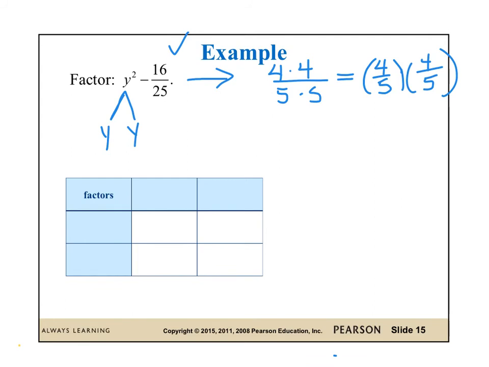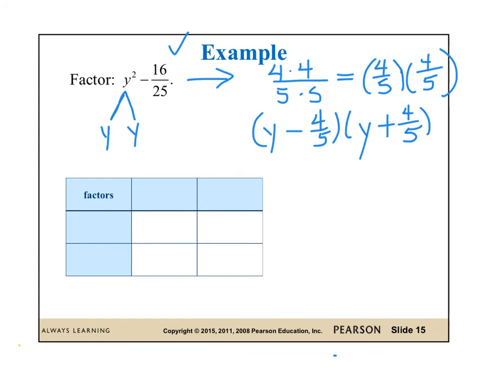And so using the shortcut method, y is the first term in both of the binomials, and 4 over 5 is the second term, and you just have different signs. The method that I originally showed you doesn't work well with fractions.